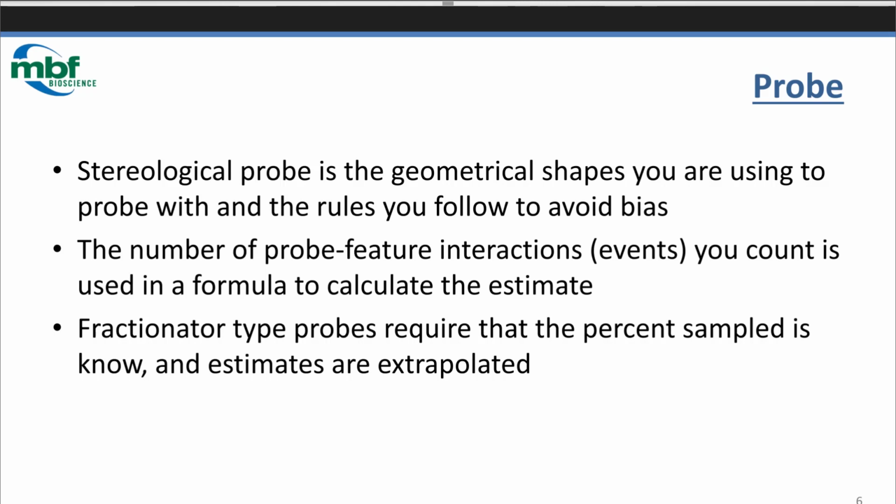For instance, if you're estimating number of cells, you may be putting an X on the top of the cell. Or if you're estimating the length of blood vessels, you would be marking where the blood vessel biological string intersects a virtual plane. We want to stick to fractionator type probes if possible. These require that the percent sampled is known and estimates are extrapolated.